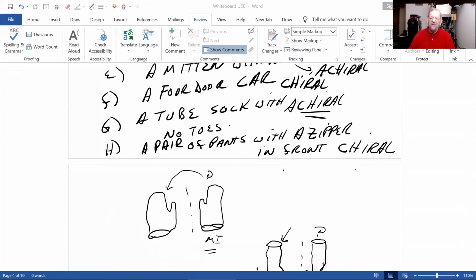Now, when it comes to molecules, we have something called a chiral center. And a chiral center is a carbon. You can have nitrogen sometimes, but for this class, I'm going to stick to carbon. A carbon atom that has 4 different groups on it.